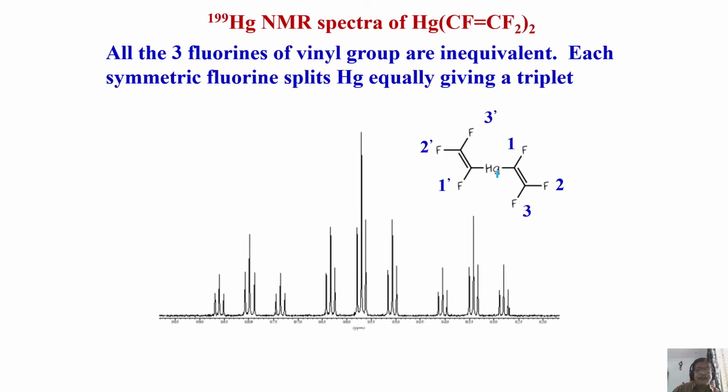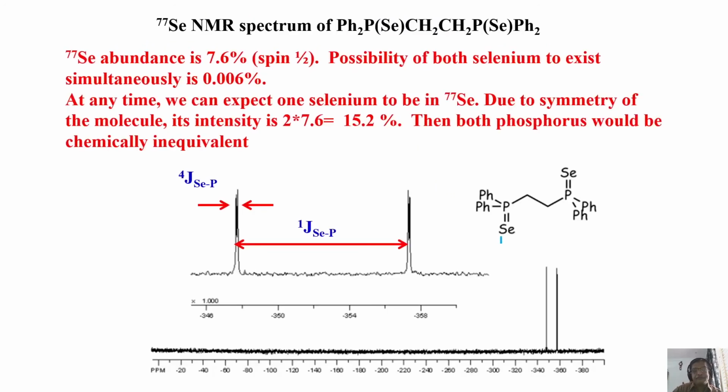Now it is coupled to these two fluorines again with the same coupling strength. Now what will happen? Each line of the triplet of triplets becomes another triplet. So how many peaks do you get? You get 27 peaks in total. The pattern is simple, right? This is a triplet of triplets of triplets. Okay, that is the pattern. You should call this TTT, triplet of triplets of triplets.